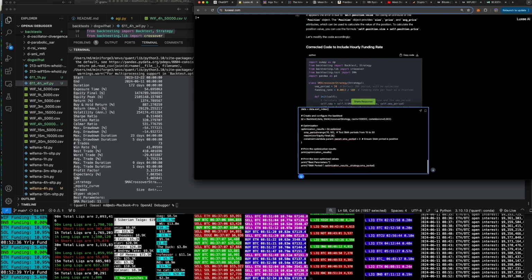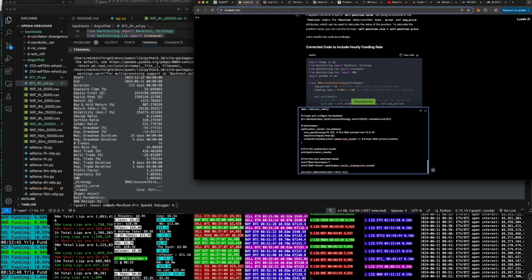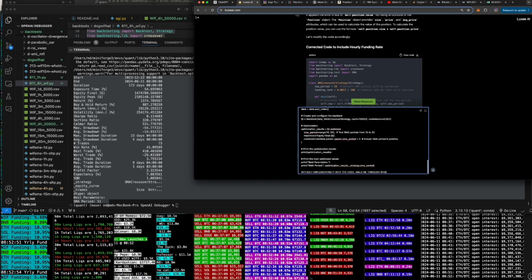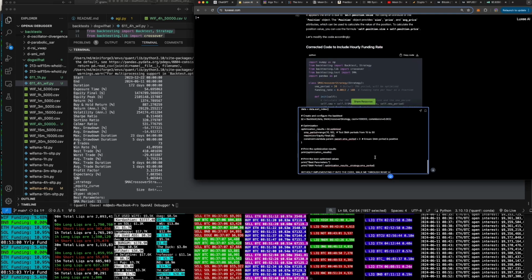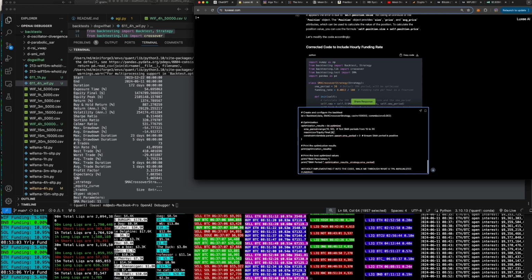Without implementing it into the code, walk me through what an 11% annualized funding rate would do to this strategy.